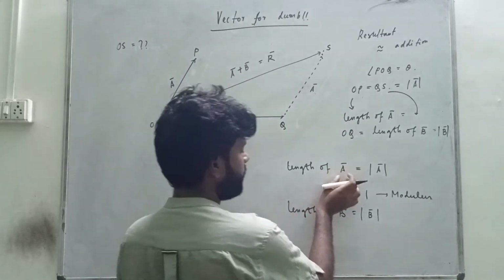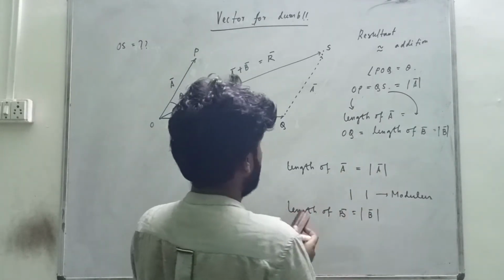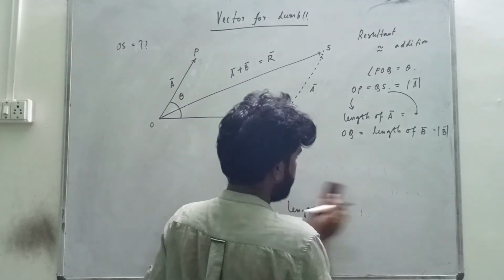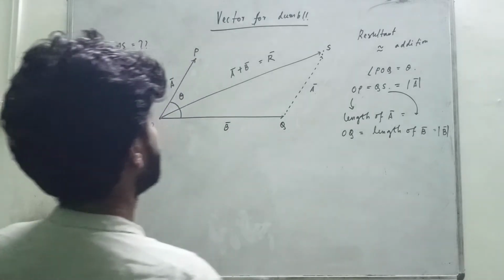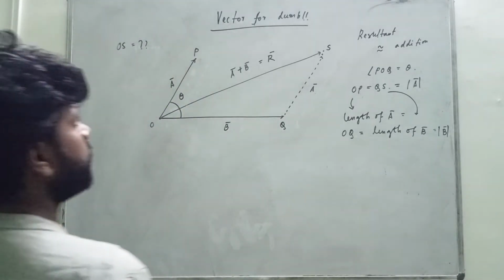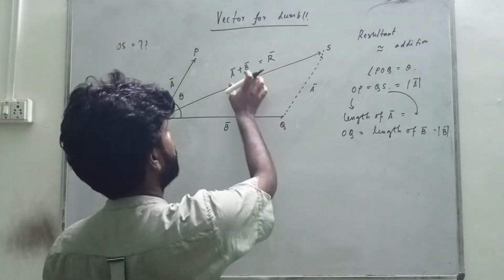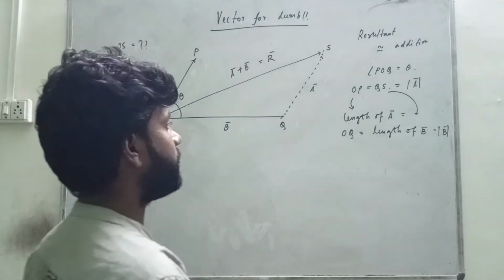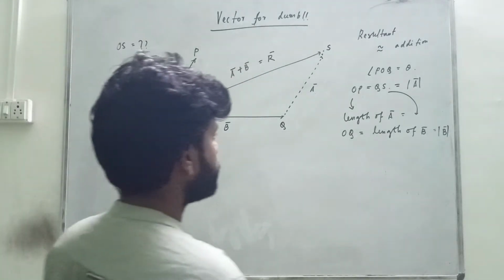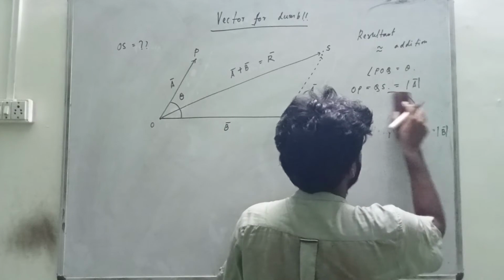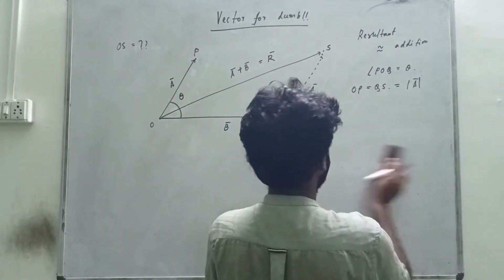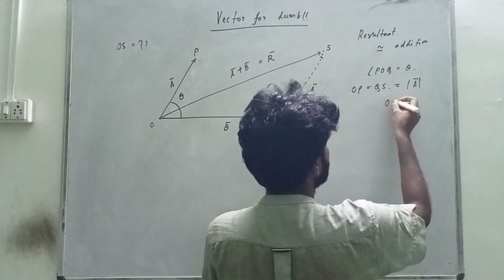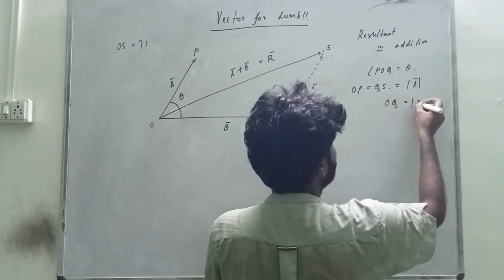Now I want to calculate the length of OS, I mean the modulus of vector R, I mean the modulus of vector A plus B. So OP is mod A, and in short I just write OQ means mod of B.